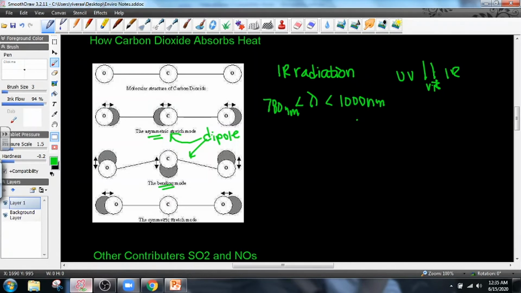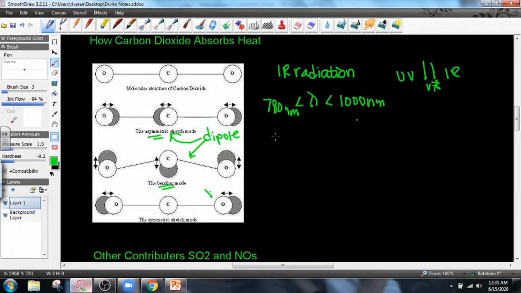If you get symmetric stretching, where this oxygen just goes a little farther away and this oxygen just goes a little farther away, this type of change to vibrational frequency is not going to give the molecule a dipole moment. So really, it's these two changes in vibrational energy that are going to allow the CO2 to absorb the IR radiation.